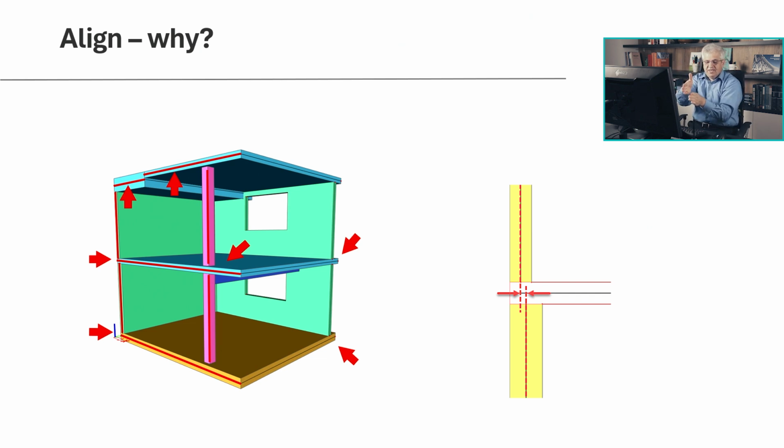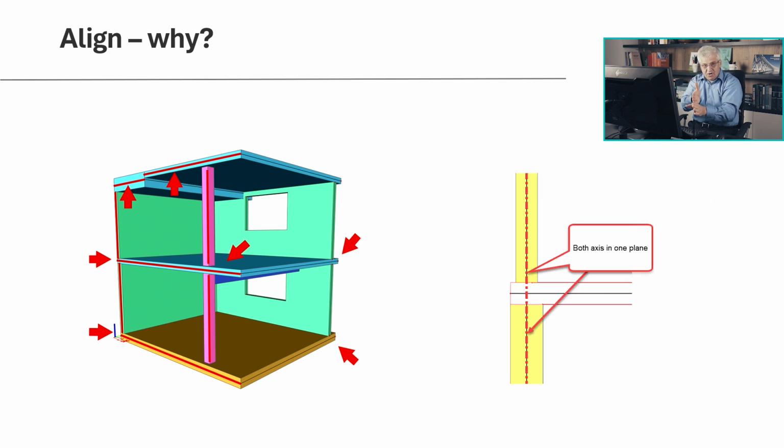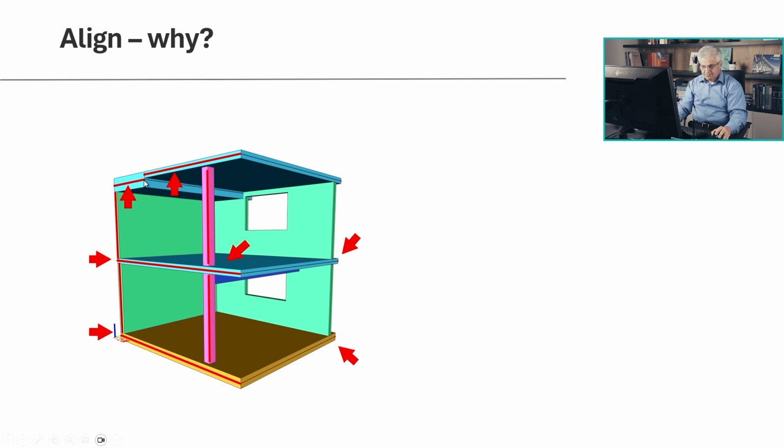And you cannot keep it this way in your 3D model, because you get very high shear forces in your slab. So you need both walls one over the other. They should be in one plane. This is one thing which this alignment is doing. And also with these slabs.